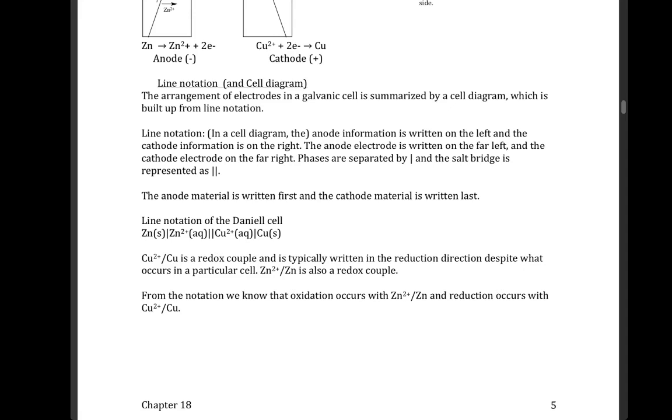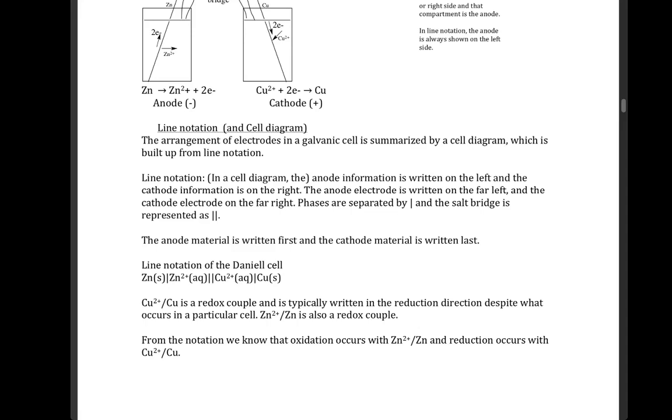Notice, going back to the line notation of the Daniell cell, that you can picture the reaction and the direction in which it occurs by looking at this notation. We have Zn plus Cu2+ forming Zn2+ plus Cu.